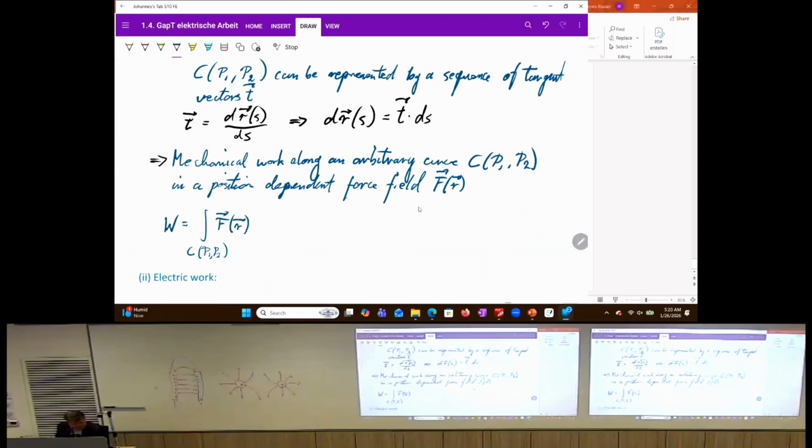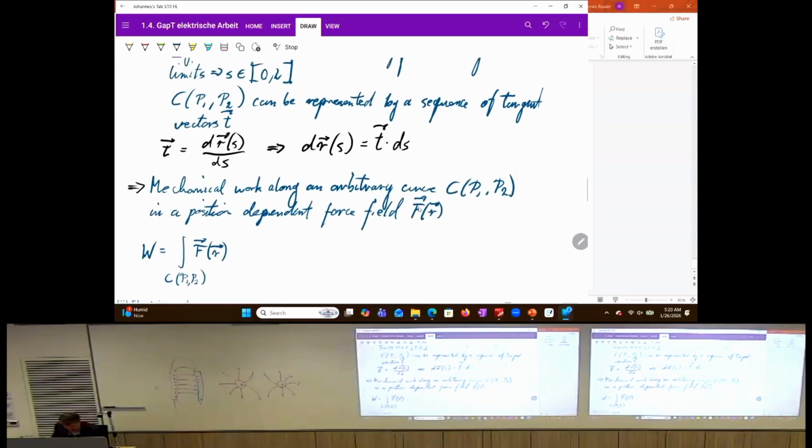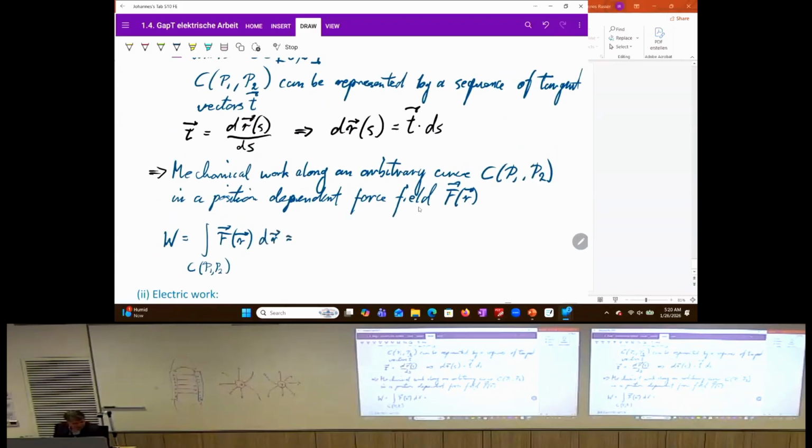And now we merge that with the parametrization that we have seen earlier in the math recap. That means we make our curve a function r of s.